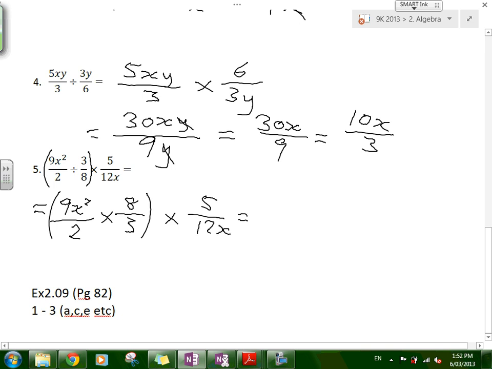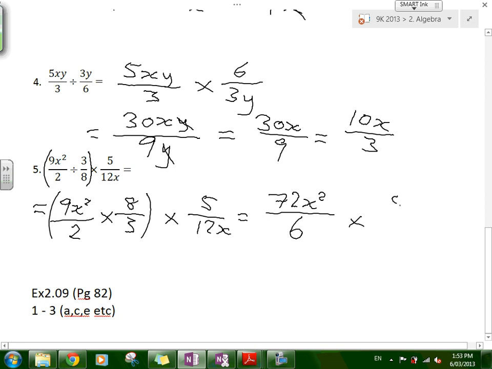Caitlin, what goes inside this bracket? What happens here? 9x squared times 8. What's that? What's 9 times 8? 72. x squared. 72x squared over what? 6. 2 times 3 is 6.